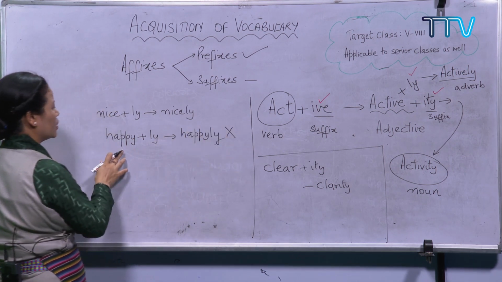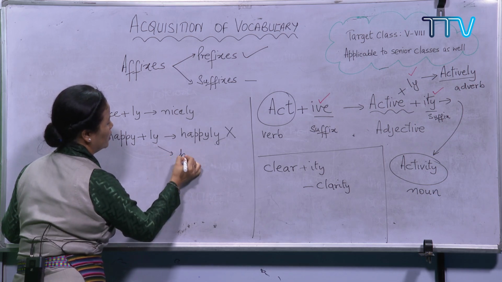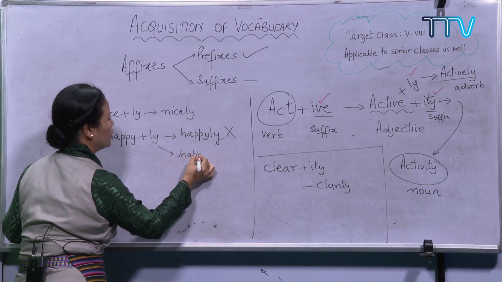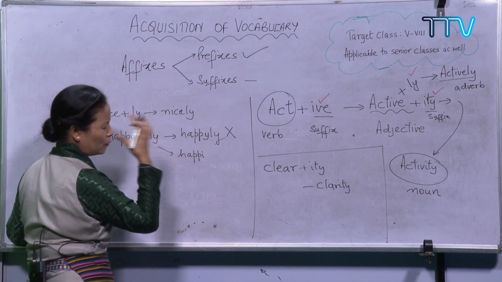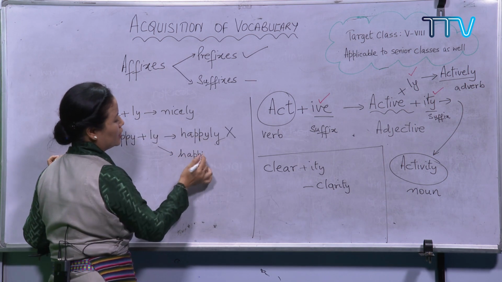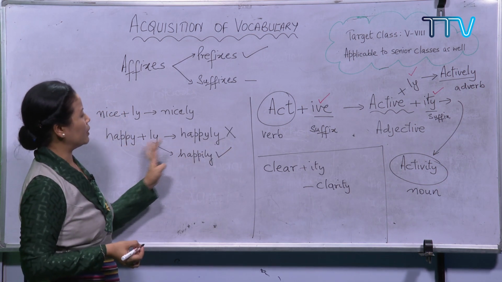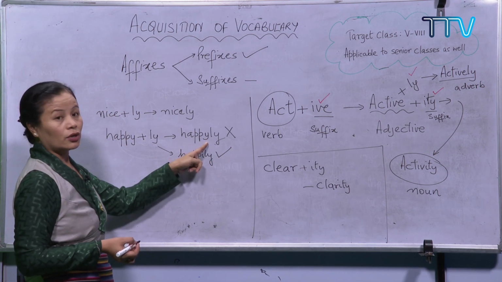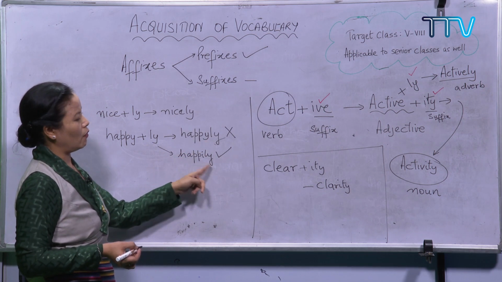What you have to do is replace the Y with I. So this is the correct word, happily. We cannot write happyly, but happily.